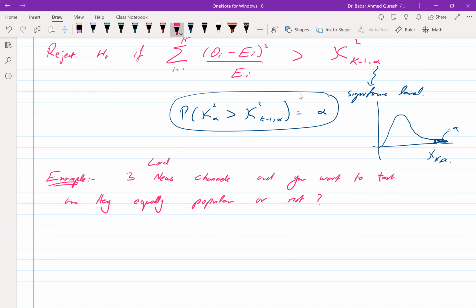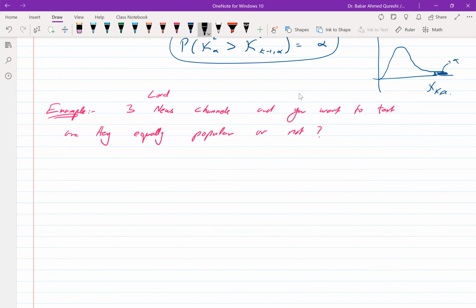Equally popular would mean that if you ask the viewers which one is your first preference, they will pick. So let's say these channels are A, B, and C. If you pick a person at random, 1/3 of the population prefers A, 1/3 prefers B, and 1/3 prefers C. So the probability of them answering that their first preference is A is 1/3, 0.33. Same for B and same for C.